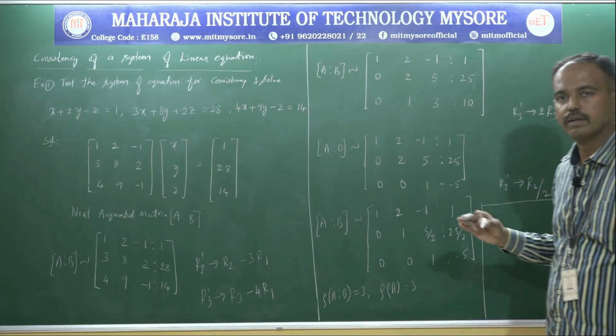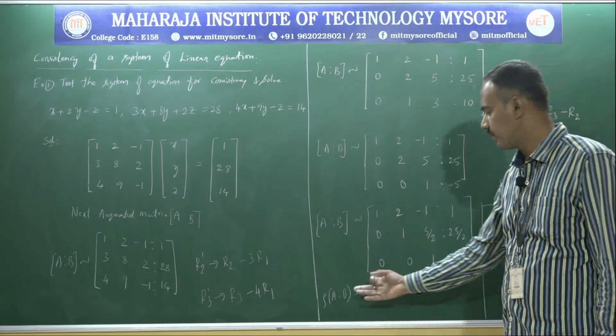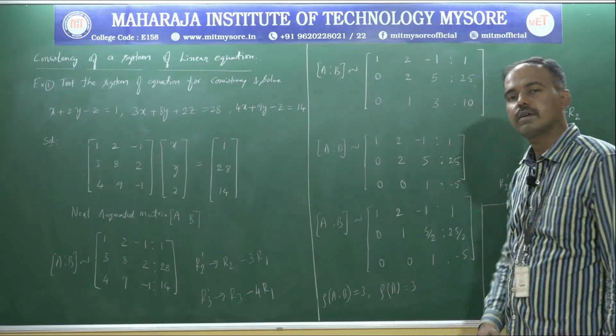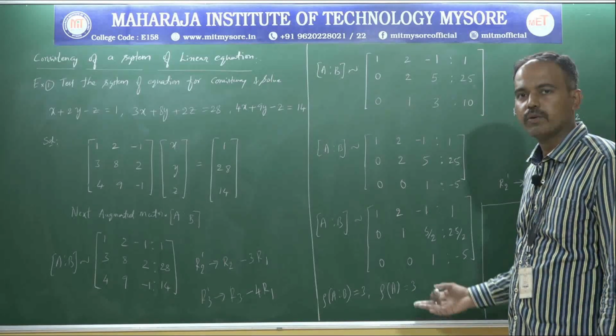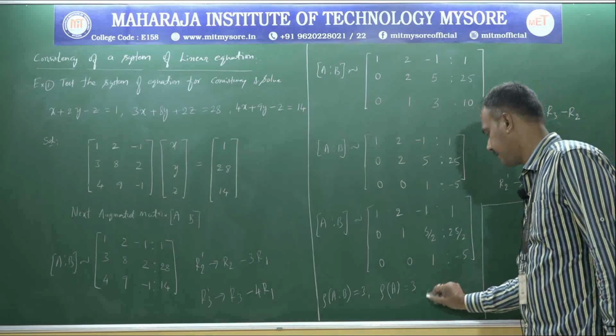Now, as all of you know, suppose the rank of the augmented matrix is equal to the rank of the coefficient matrix A. Then the given system of equations is consistent.